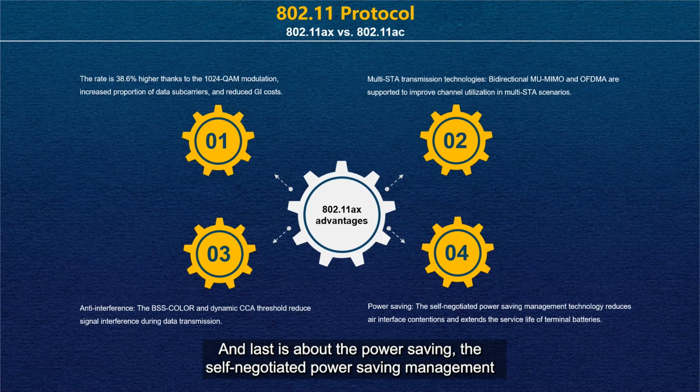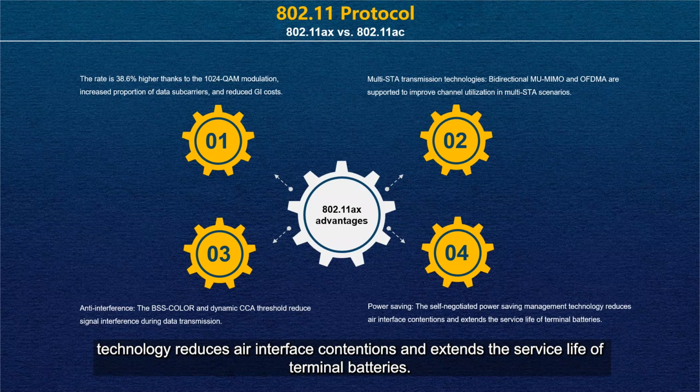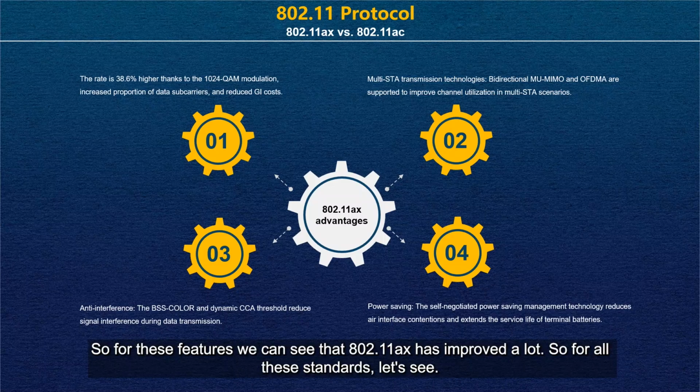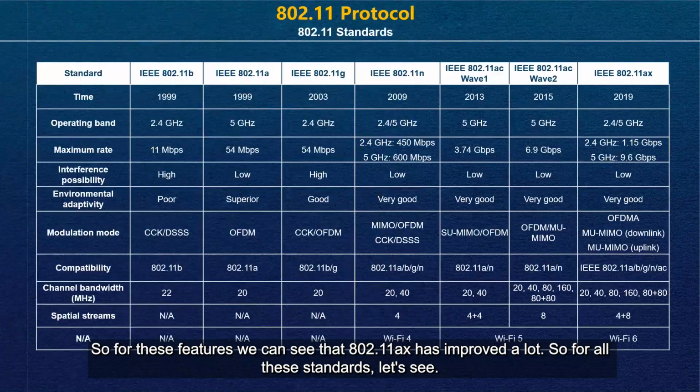And lastly is about power saving. The self-negotiated power saving management technology reduces air interface contentions and extends the service life of terminal batteries. So for these features, we can see that .11ax has improved a lot.